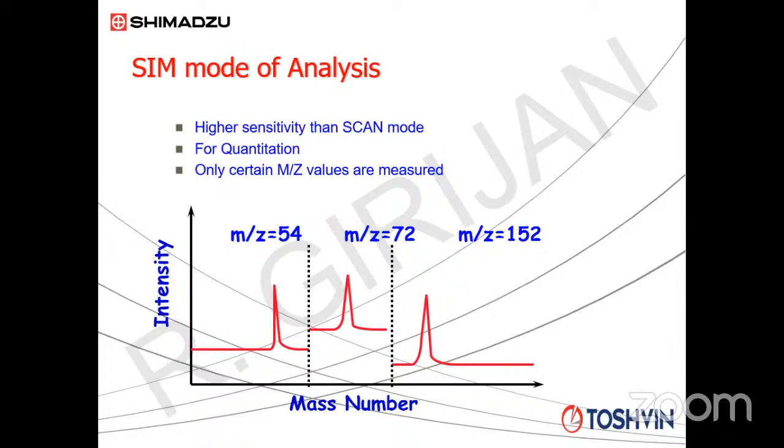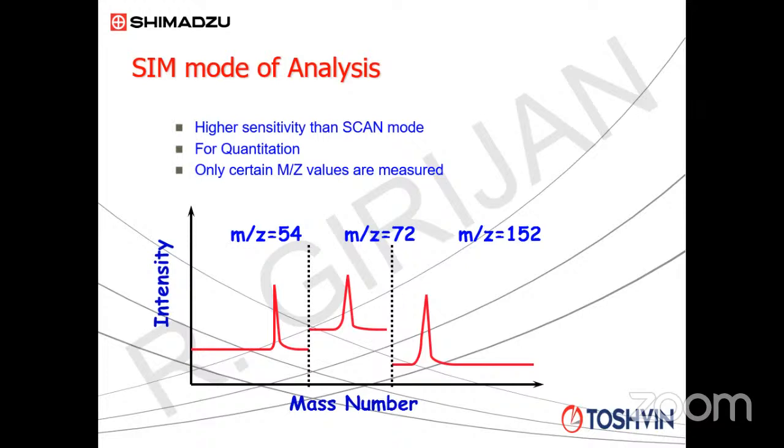And then the software will assign a DC to RF ratio which can only see 54, and that ratio will be fixed in compartment number 1. In the second compartment, it will fix a different DC to RF ratio which can see only 72. And the third one, that ratio can only see 152.